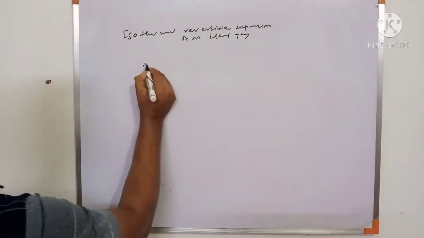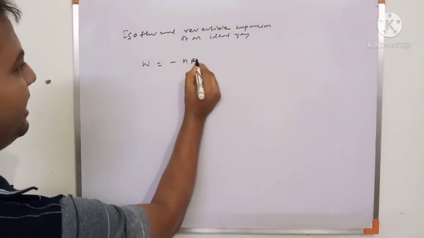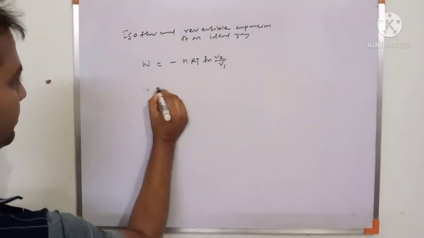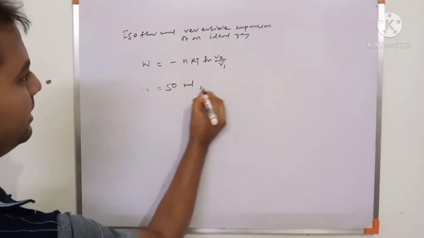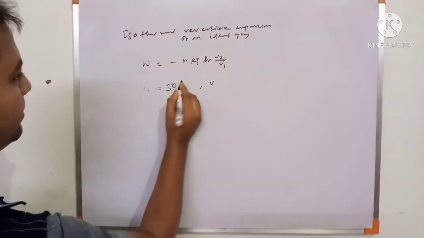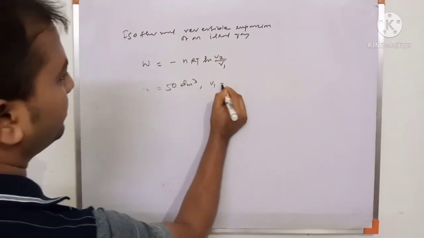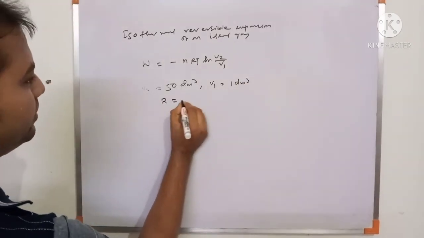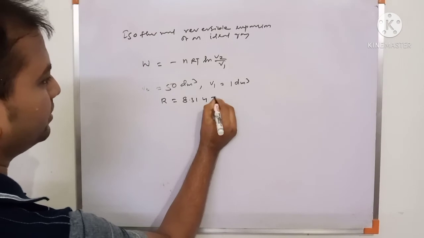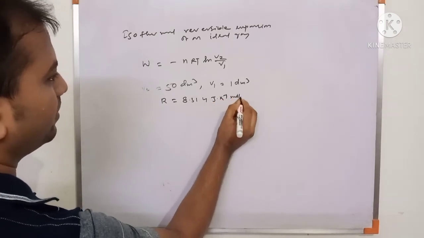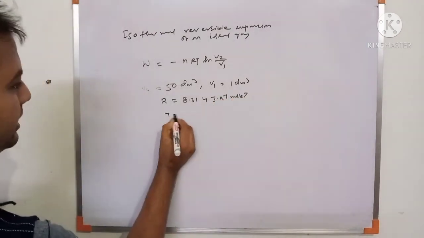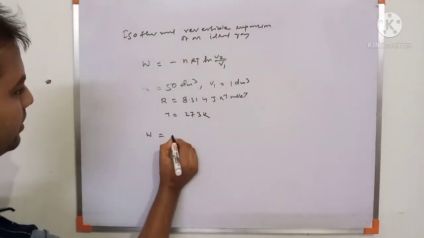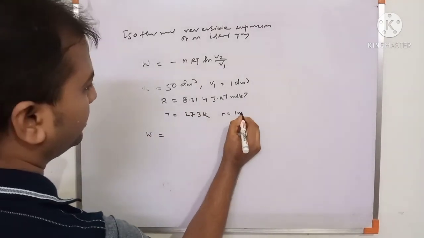We know work equal to minus nRT ln V2 by V1. V2 equal to 50 decimeter cube, and V1 equal to 1 decimeter cube. And R equal to, we know this is 8.314 joule Kelvin inverse mole inverse, and T given this is 273 Kelvin. So W equal to, and n equal to 1 mole.